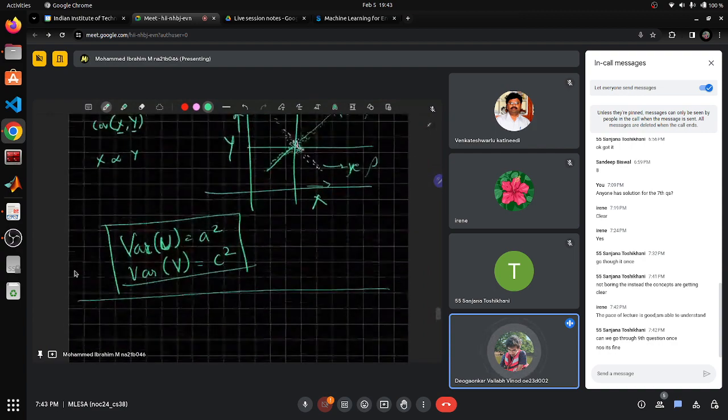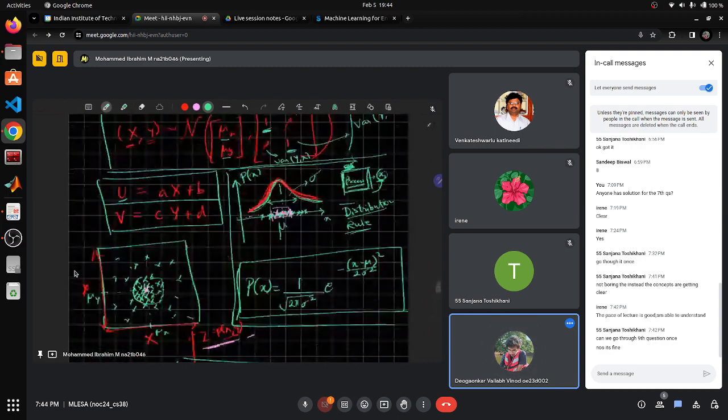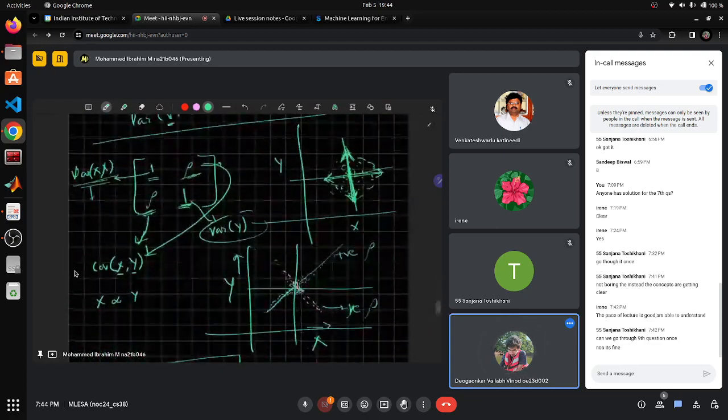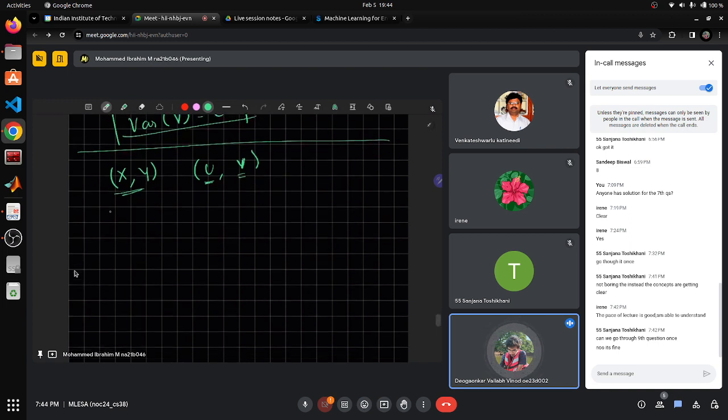So till now we were looking at this joint distribution u comma v. Since x and y were part of a joint distribution, and there are random variables u and v related to x and y, there is some correlation or covariance between u and v also, because u and v are just linear transformations of x and y.